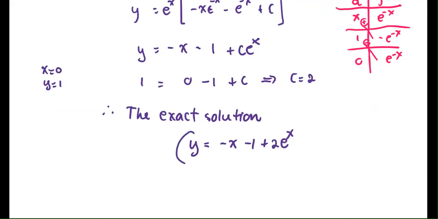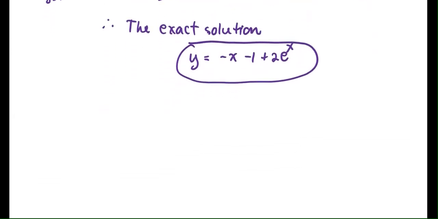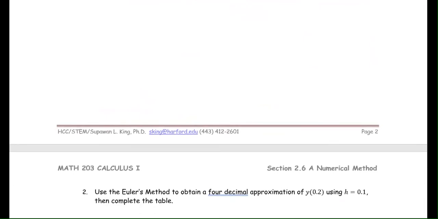Okay, so we got the exact equation, and we're gonna set it aside. After we find the numerical solution, we're gonna find the difference between the exact solution and the approximation to compute the absolute error and the relative error. All right, so that's the first part.